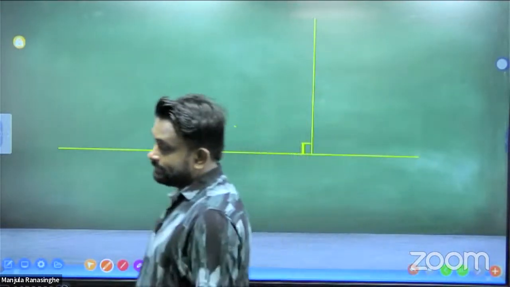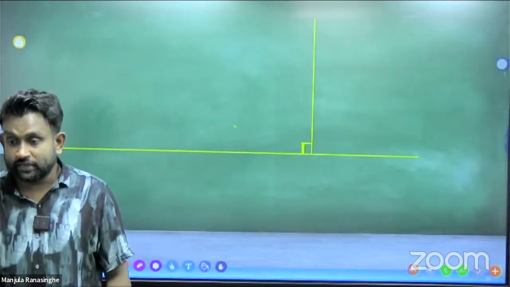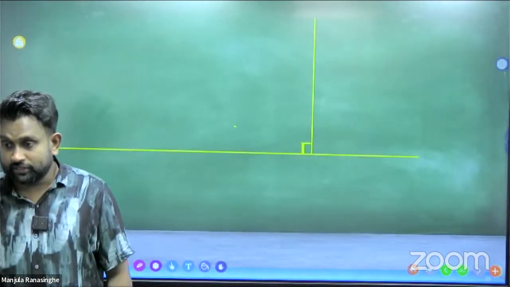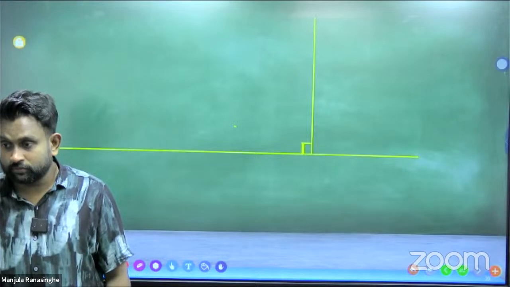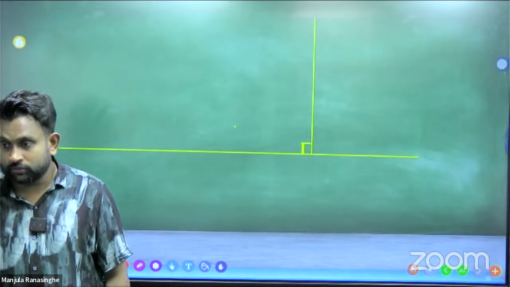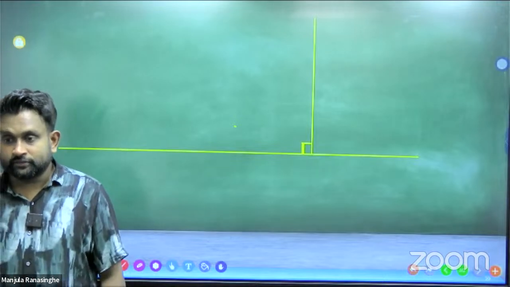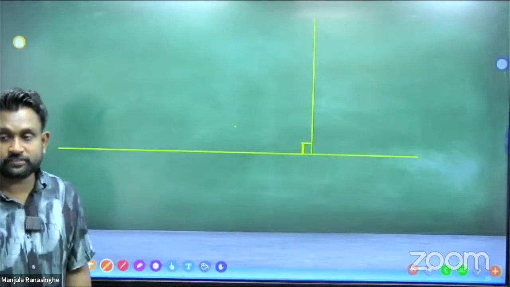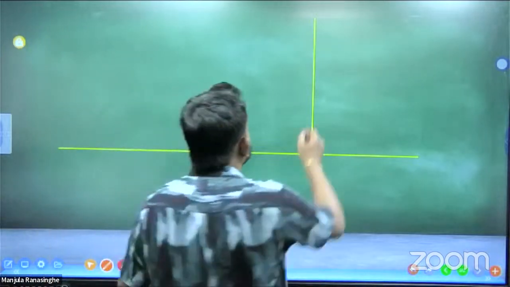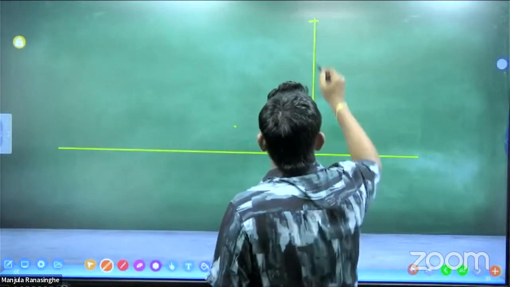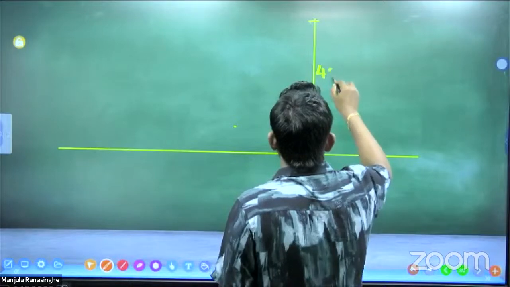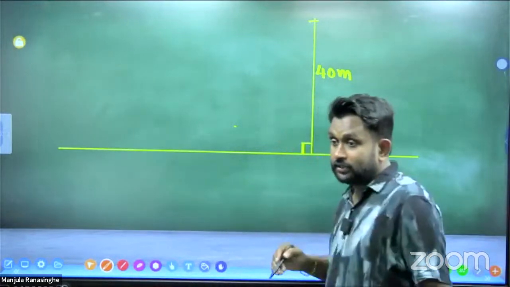Now they are saying how much the height of the vertical wall is. It is given, so the observer is upstairs, which is at 40-meter height, right? So now this is 40-meter height.